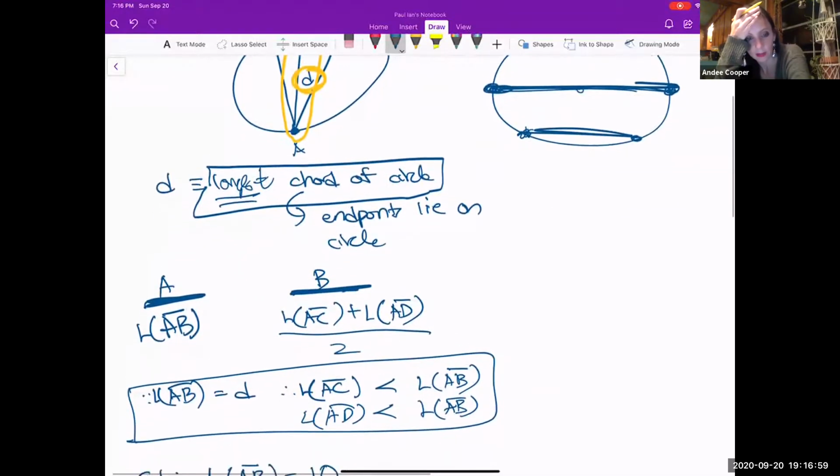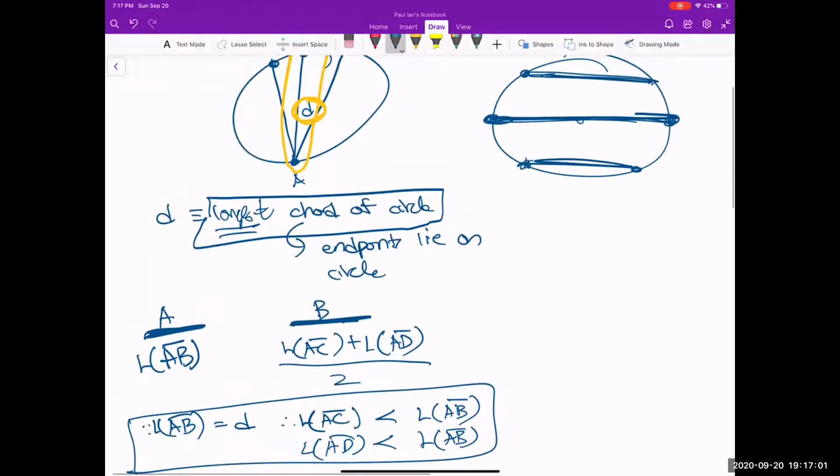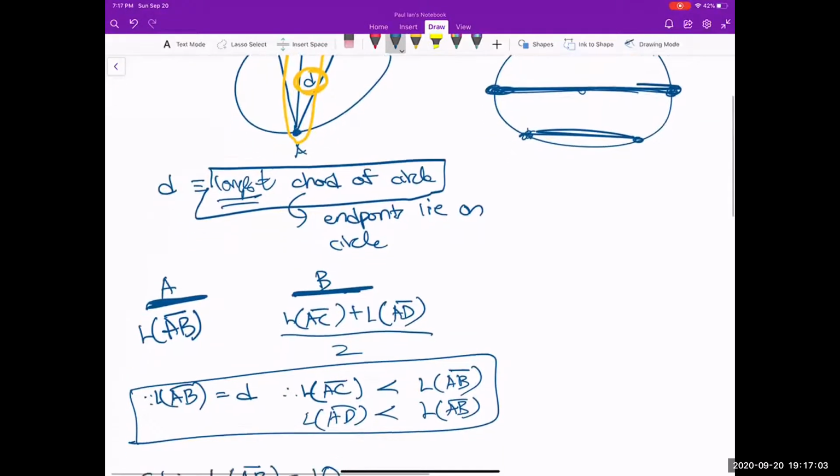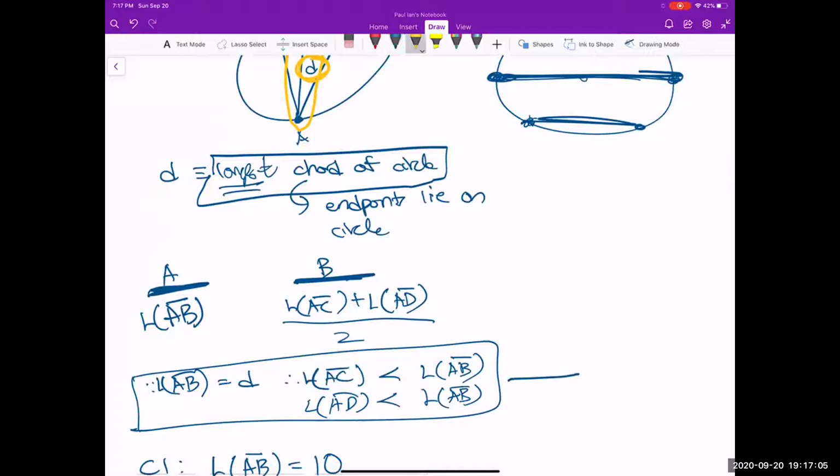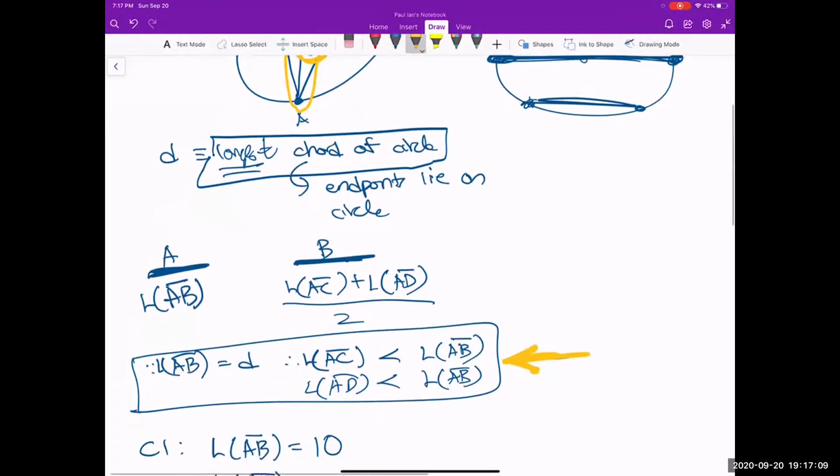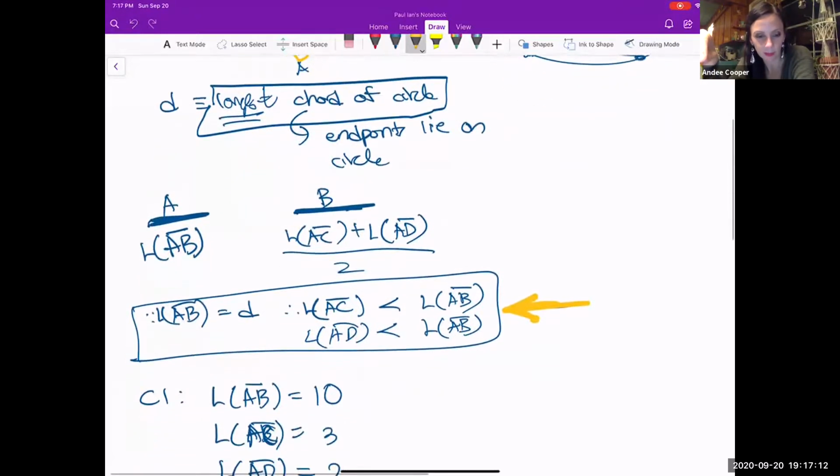So now this is just the simplified form. This is me putting what I just said into an equation. Each of those are less than AB.